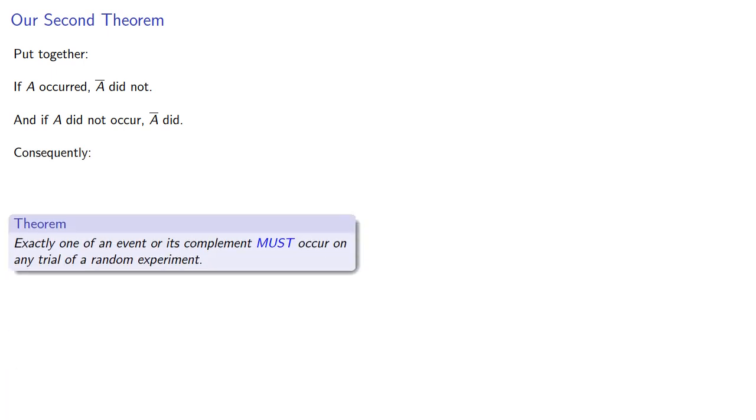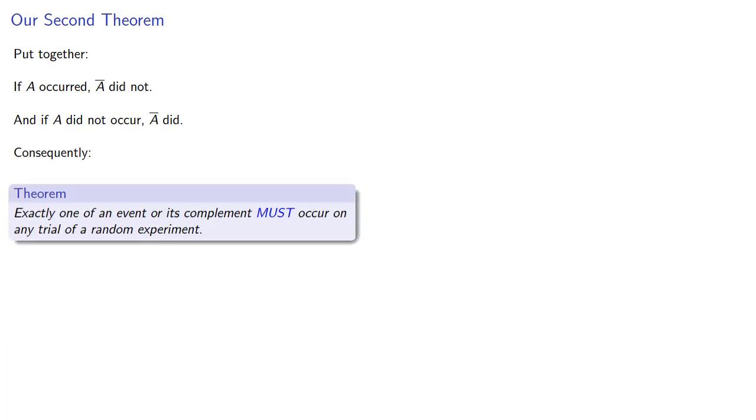So if we put everything together, if A occurred, A complement did not, and if A did not occur, then A complement did. And this gives us a slightly different theorem. Exactly one of an event or its complement must occur on any trial of a random experiment.